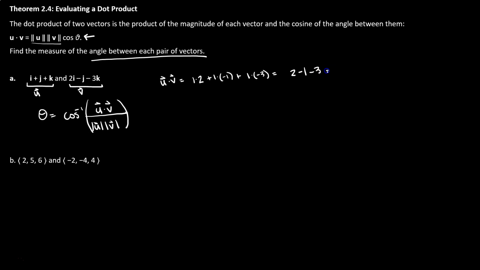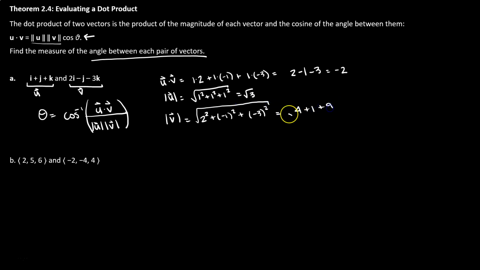We add all of these together, we get a -2 for the dot product. Now we can do the magnitudes. For the magnitude of u, I have 1 squared plus 1 squared plus 1 squared. That works out to be √3. For the magnitude of v, we have 2 squared plus -1 squared plus -3 squared, all square rooted. That works out to be √14.